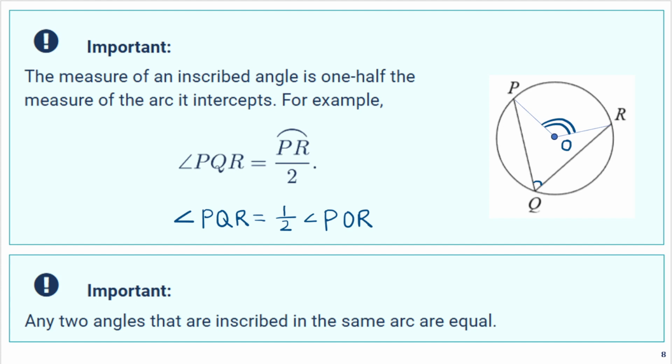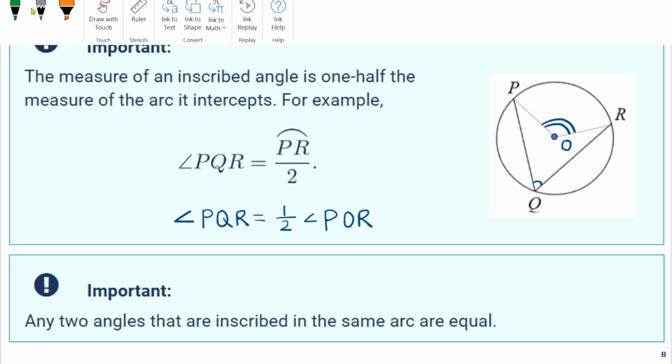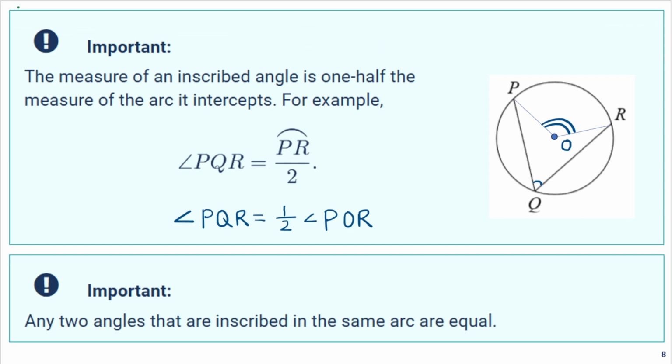For example, if we have another angle inscribed in the same arc PR, suppose we have another angle here, then we know that this angle must equal this angle here. Did you get it? Are you clear?